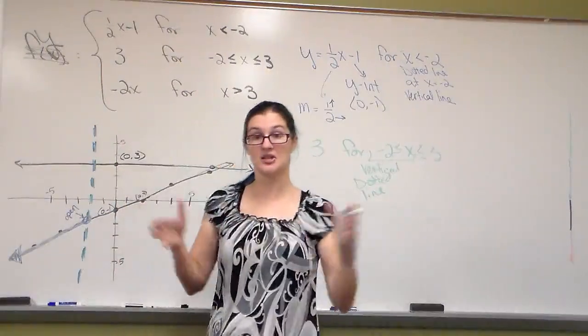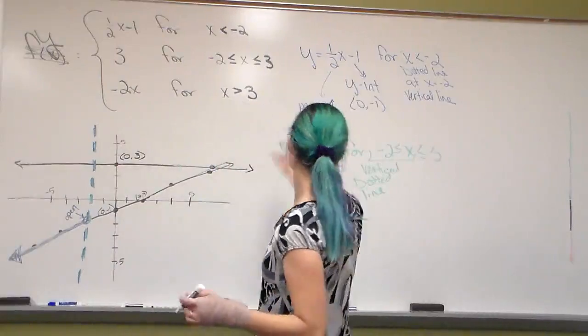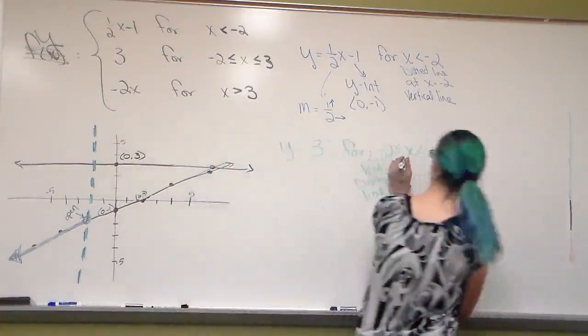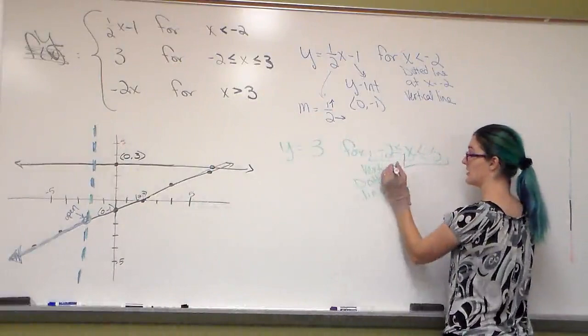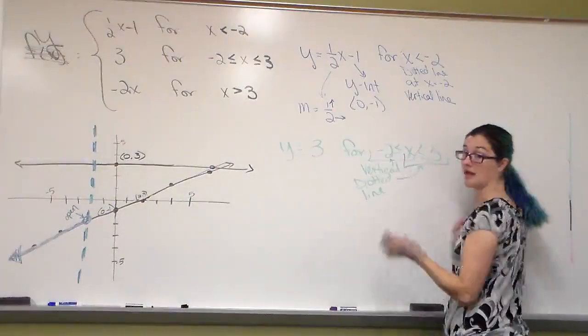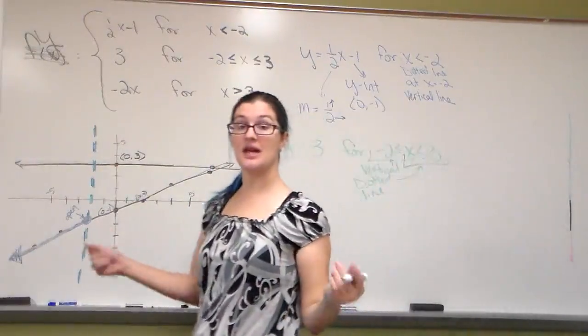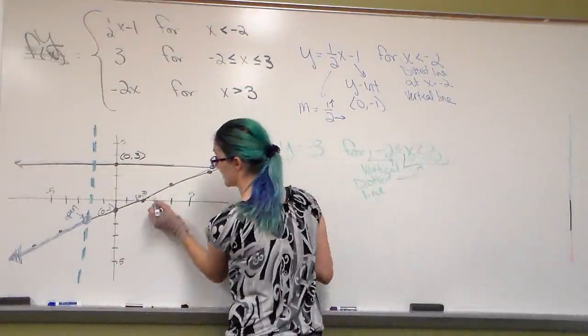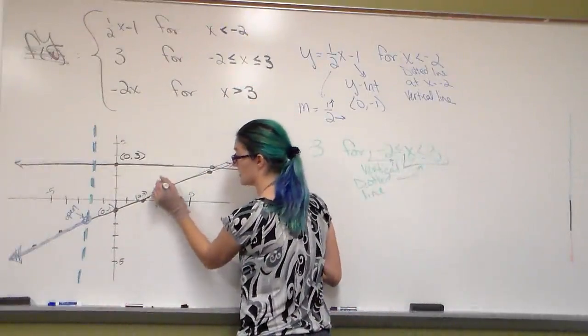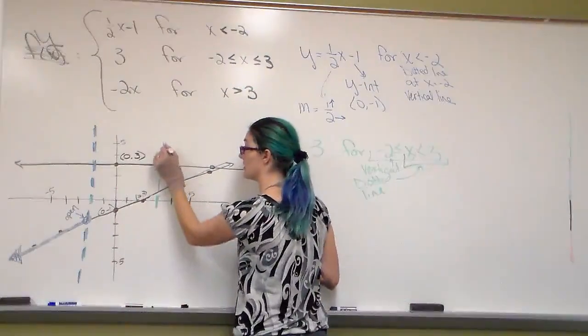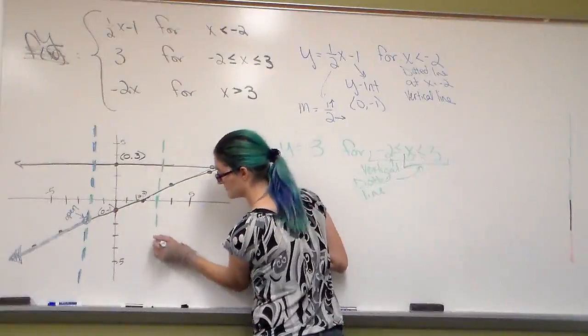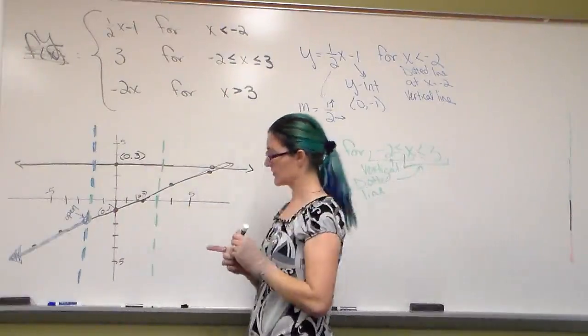So I'm going to keep the colors with the lines. Okay, so that's at -2. I need another one at 3. So at 3, I'm going to put a second vertical dotted line.